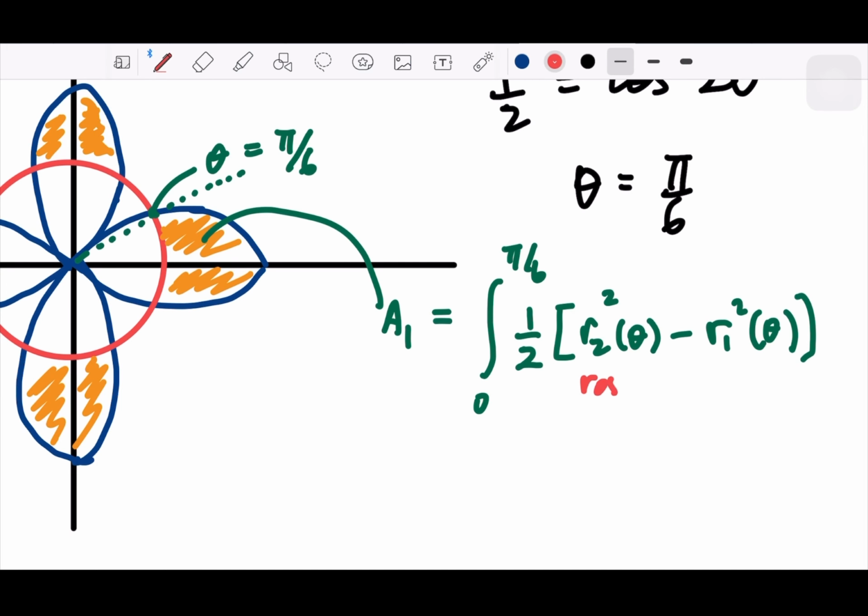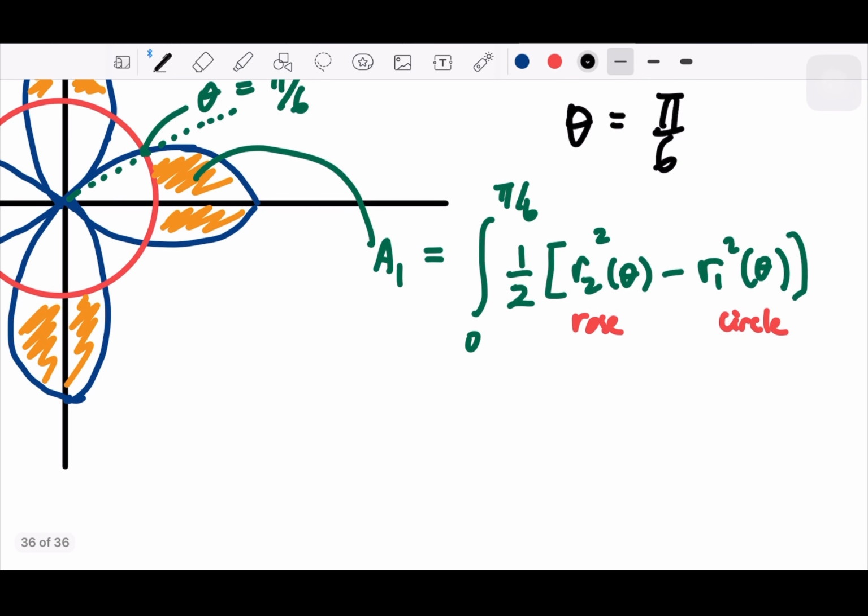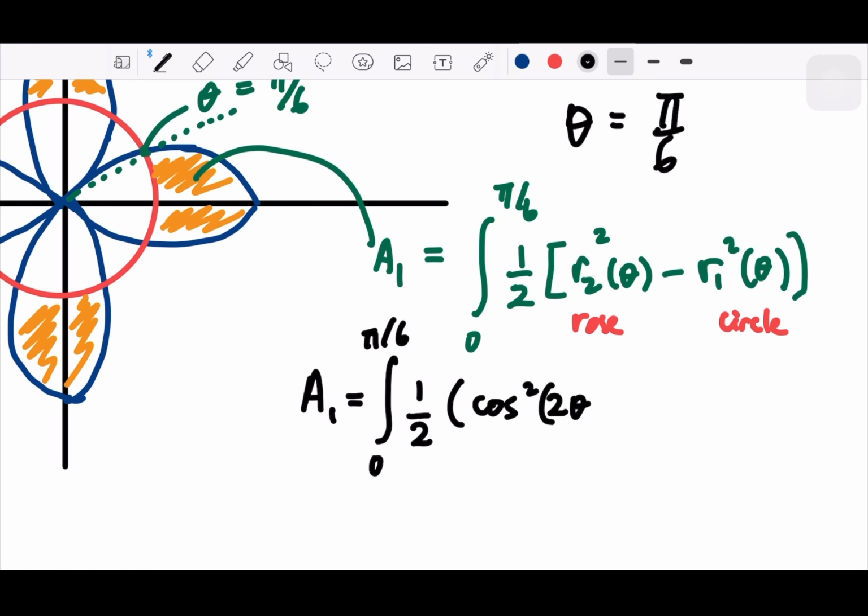So this is the rose, this is the circle. Okay, so we can write the A1 here. This is cos squared 2 theta minus one over 4.